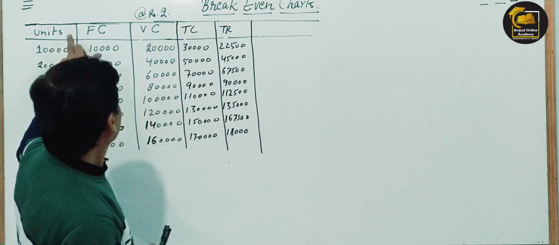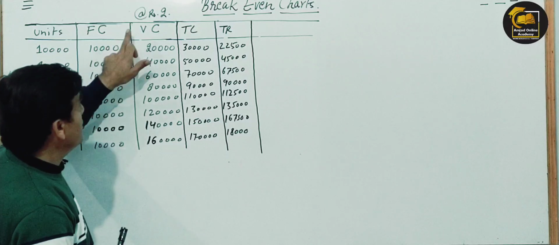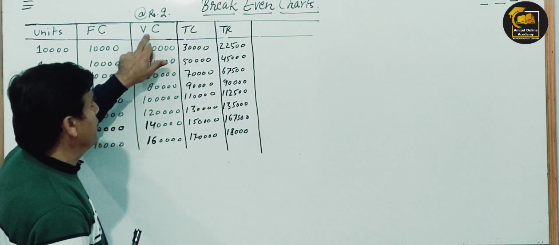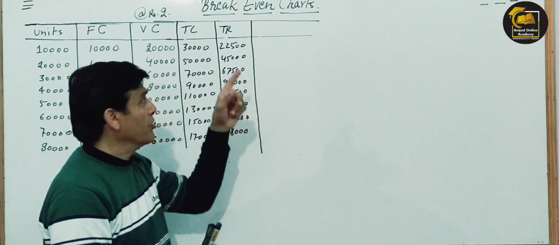Let me tell you again. Here the units are given, here the fixed cost and the variable cost are given, and all of you know that fixed cost plus variable cost equals the total cost.